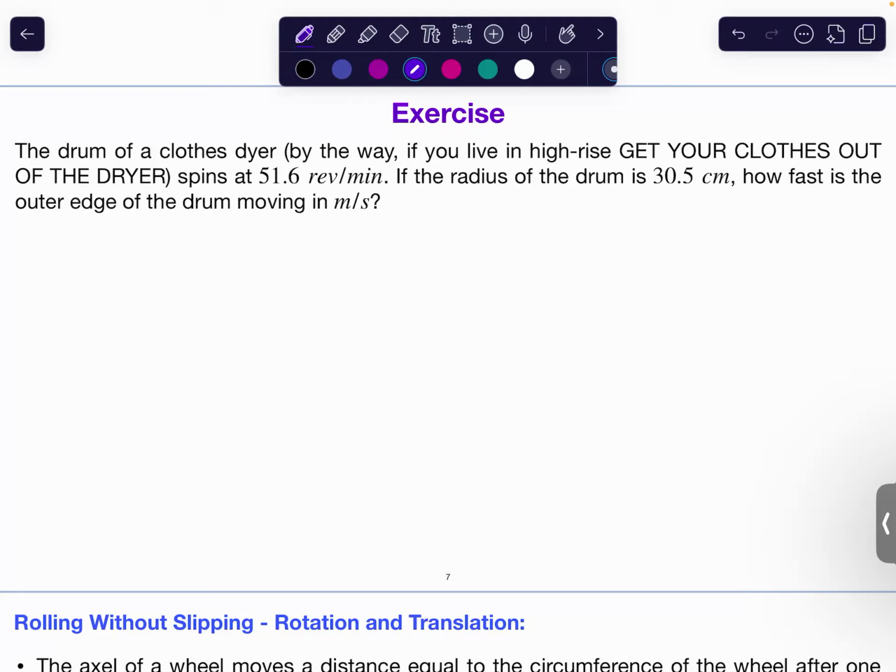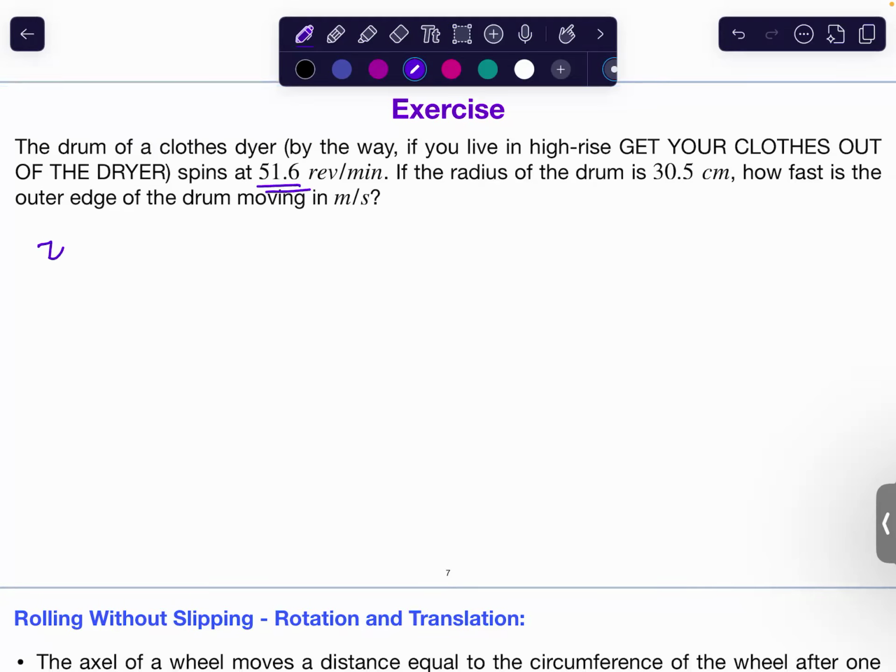Okay, so the first thing we want to talk about is that your 51.6 revolutions per minute is actually your frequency. Does anyone know the unit for frequency? Hertz. And that is usually going to be in revolutions per second.